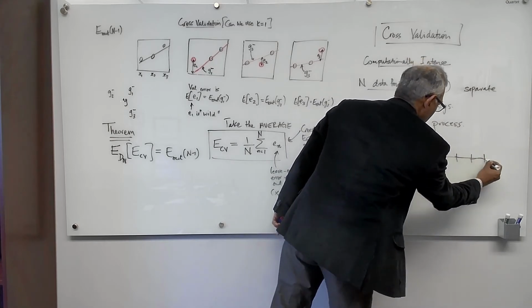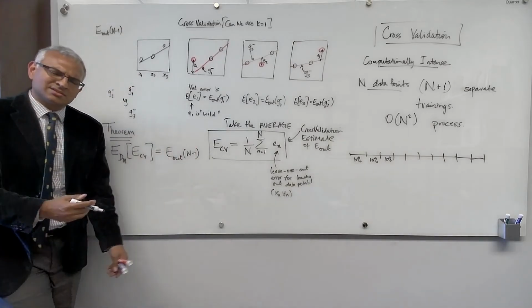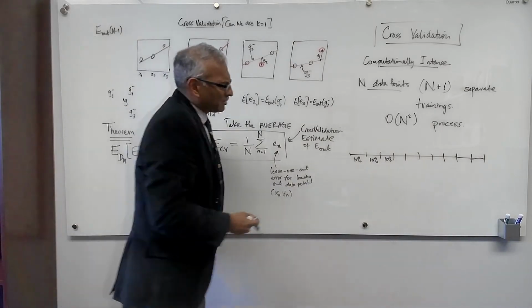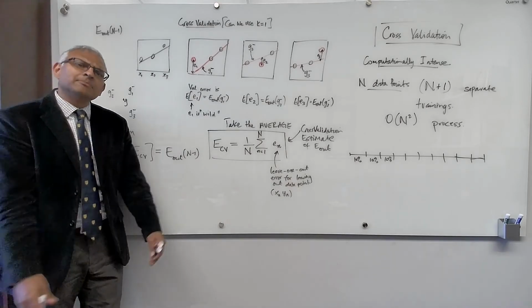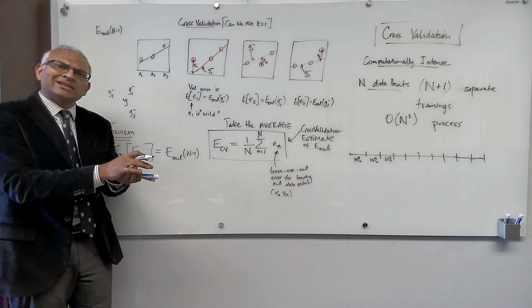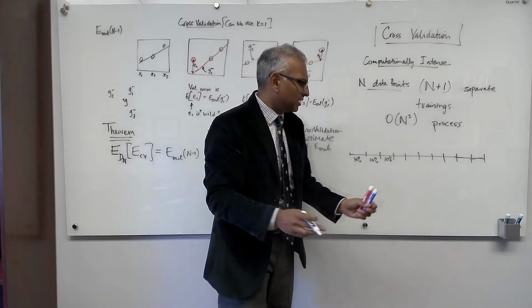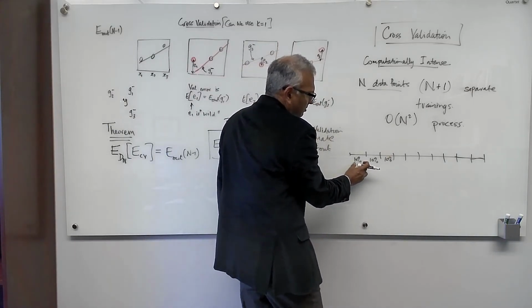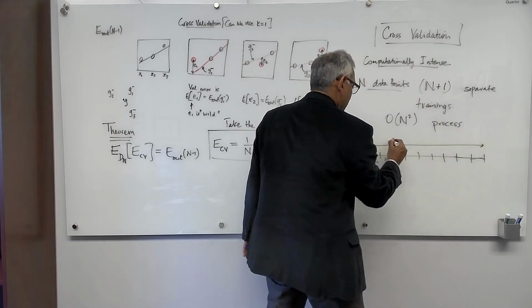So you leave out 10% each time. And you could do instead 20-fold where you leave out 5%. So it's getting closer to validation, except that in validation, you leave out 20% of the data and you're done. Here what you do is you leave out this 10% of the data, and you get a deficient hypothesis trained on here. So this is training.